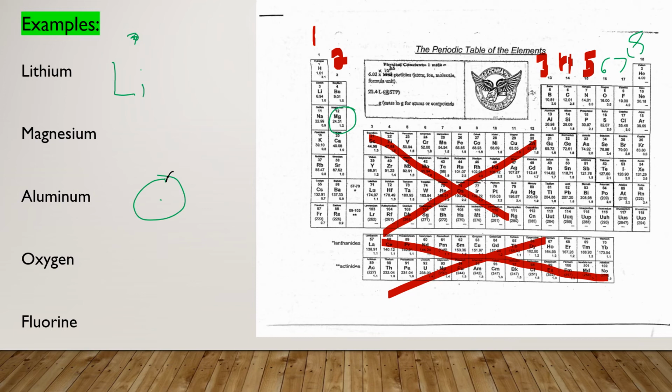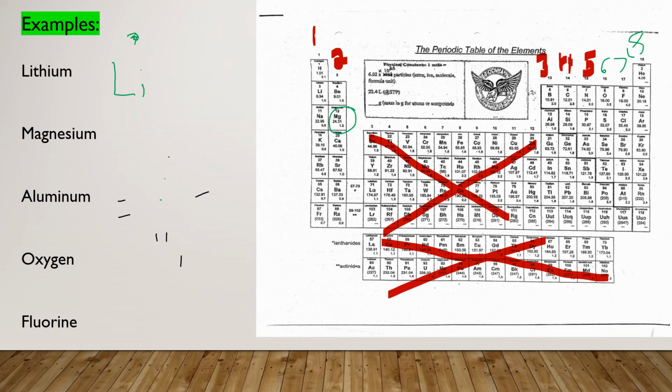So then we would have to draw the next shell. We could do 8 in this: 2, 3, 4, 5, 6, 7, 8. That's a total of 10. We still need 2 more, so I would have to draw a third shell, which makes sense. Its highest energy level is 3, and I would still have to put 2 electrons in that. That would tell me I have 2 valence electrons, so I'll have 2 dots.